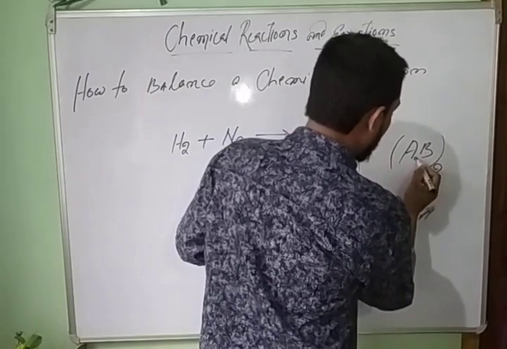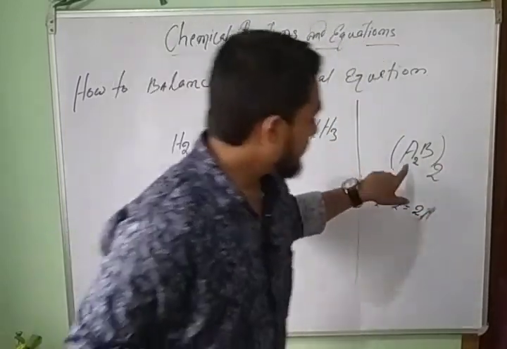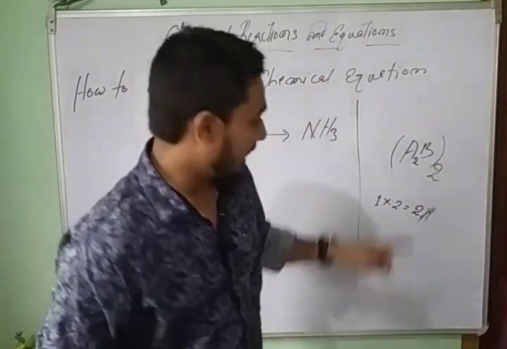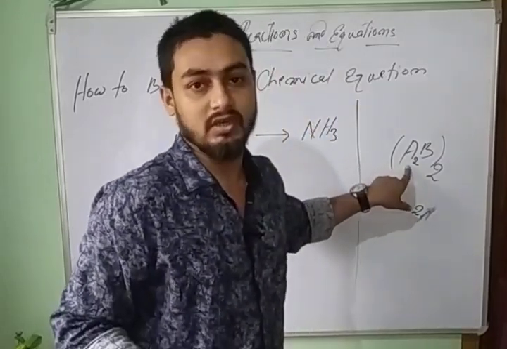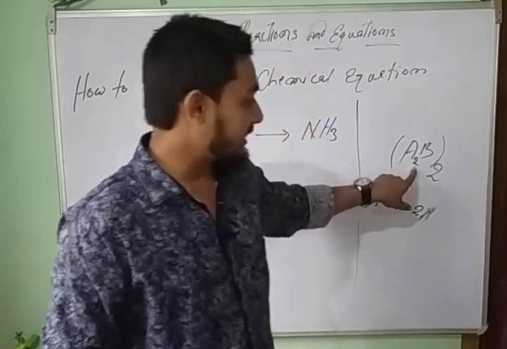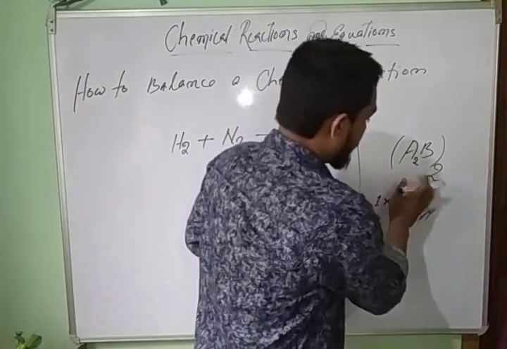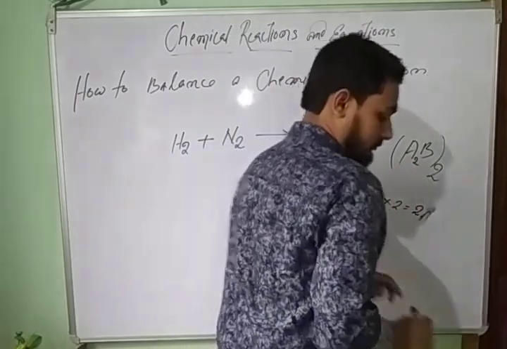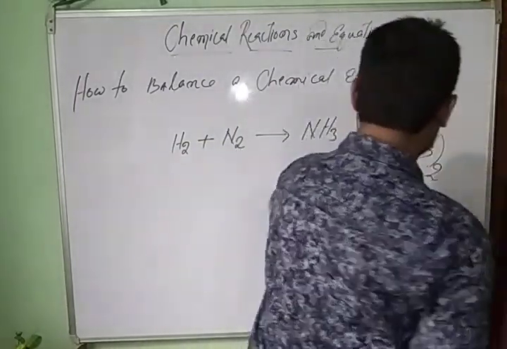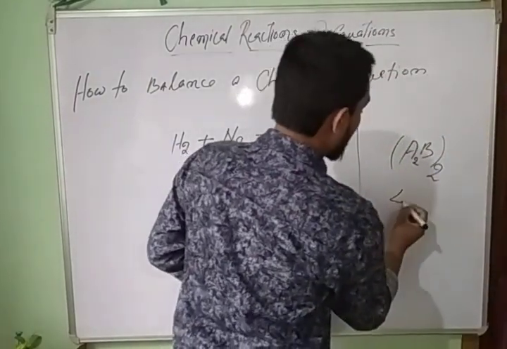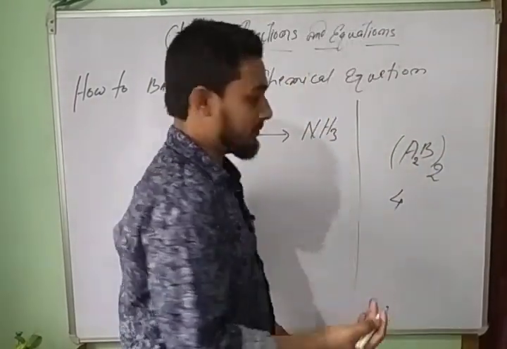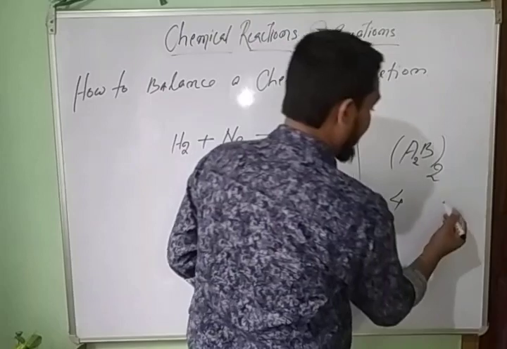If I write 2 inside this bracket in the coefficient position as well, then the number of A will be 2 2s are 4, but the number of B will be still 2 1s are 2.